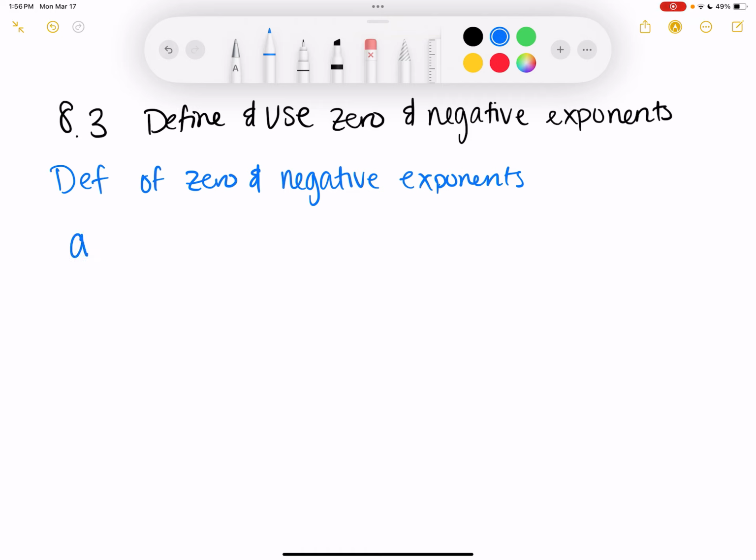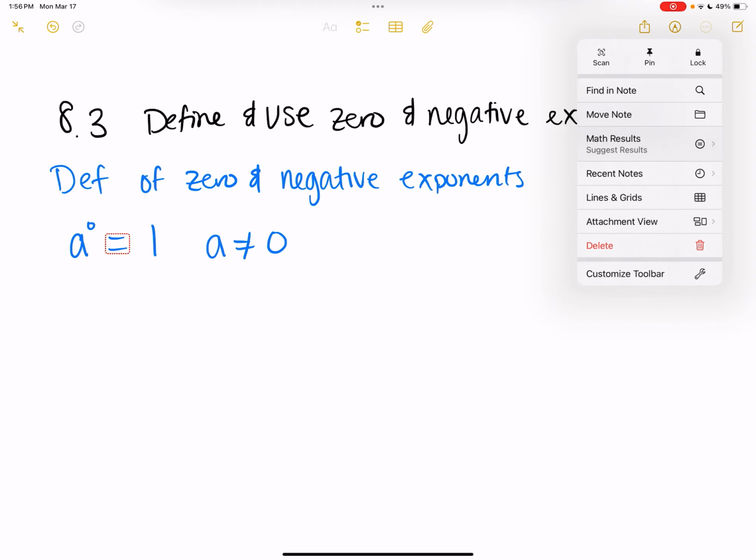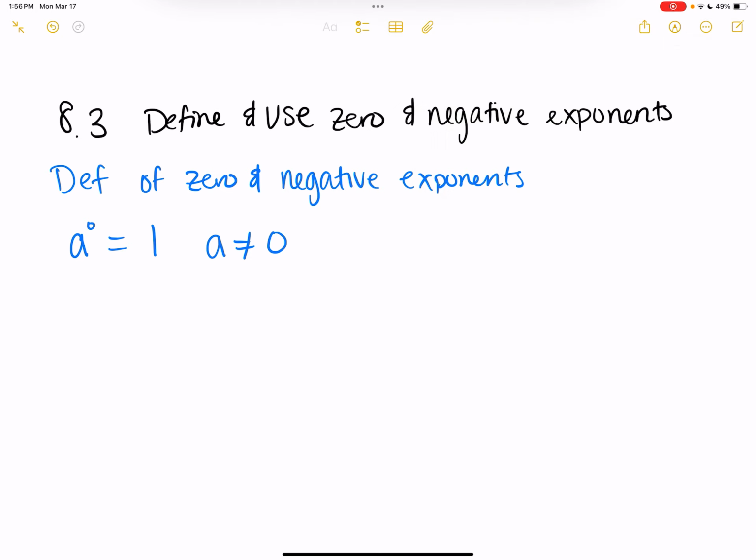So a raised to the 0 is equal to 1, assuming a is not equal to 0, that's a whole other thing. It's like a calculus thing. Anyways, any number raised to the 0 is equal to 1. So 1,000 raised to the 0 is 1.